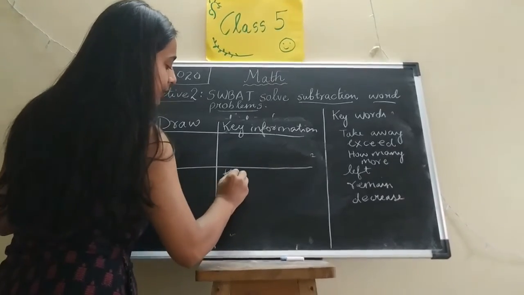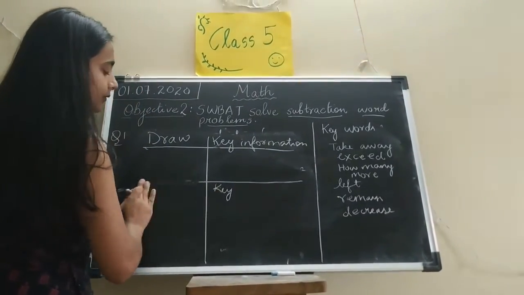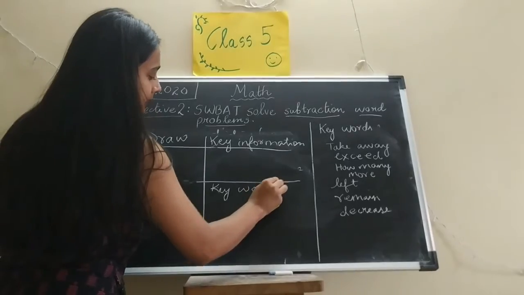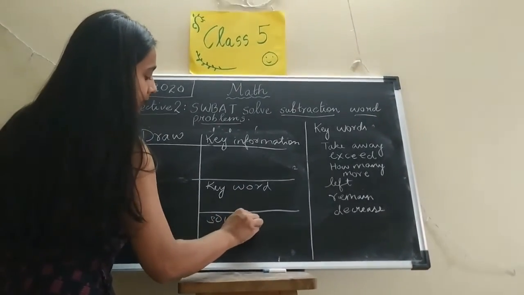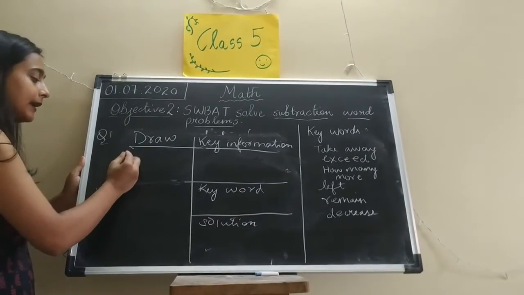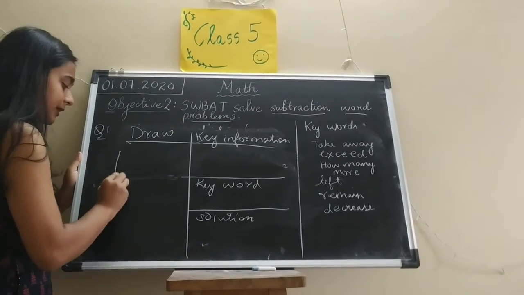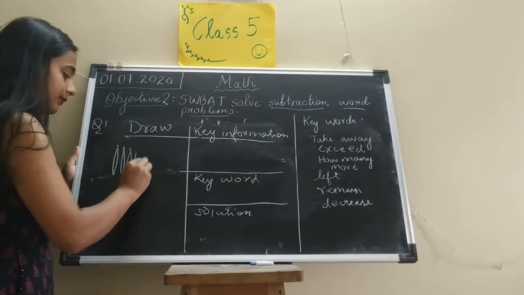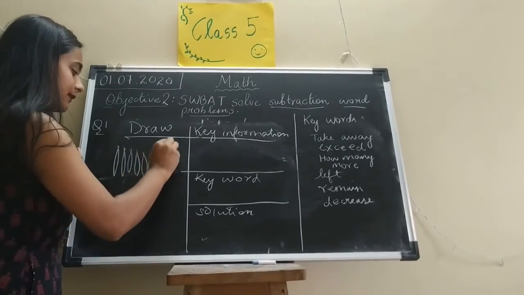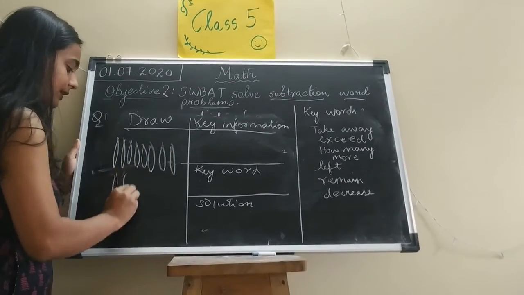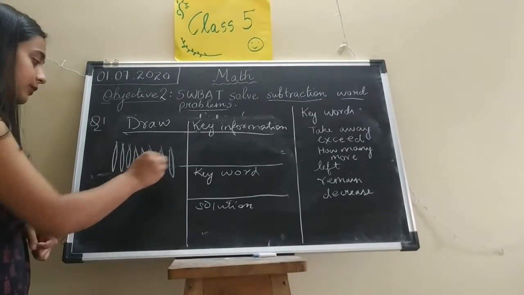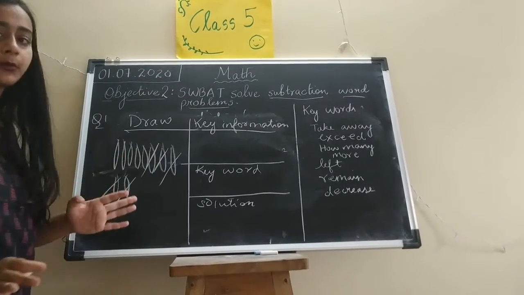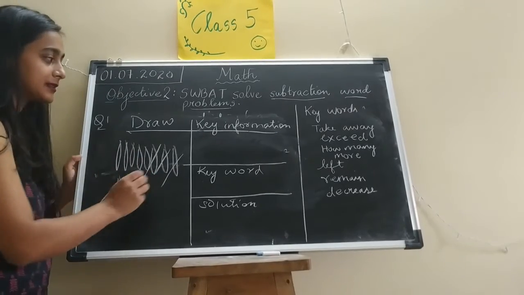Then you have keyword and solution. Right? Now question में क्या लिखा था? I had 10 pencils. So I will make 10 pencils. 1, 2, 3, 4, 5, 6, 7, 8, 9, 10. I gave 5 to my brother. So 1, 2, 3, 4, 5 I gave away. I have 5 more pencils, right?